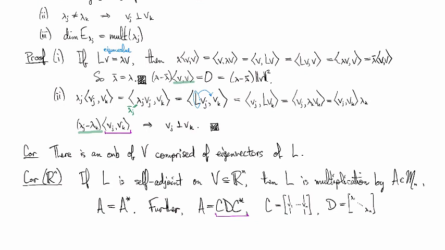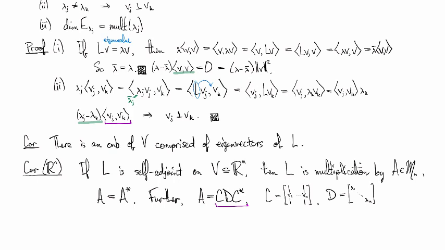If you multiply a vector by A, this is saying it's the same thing as first taking that vector and multiplying it by C star, which converts V into the basis of eigenvectors.